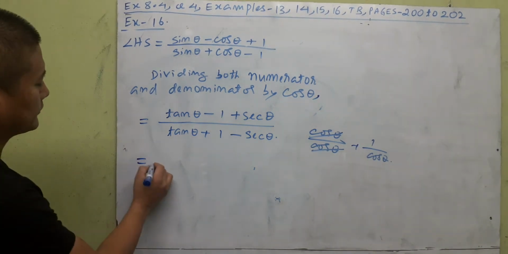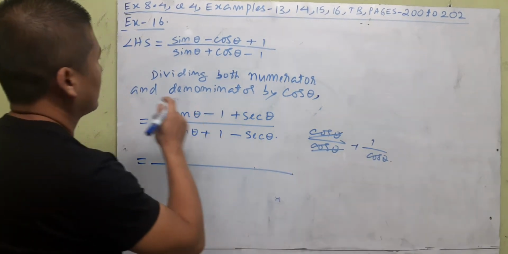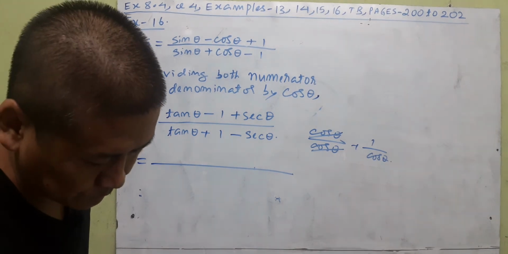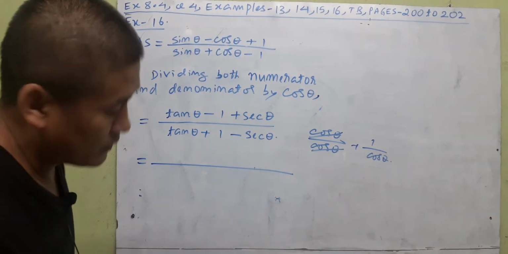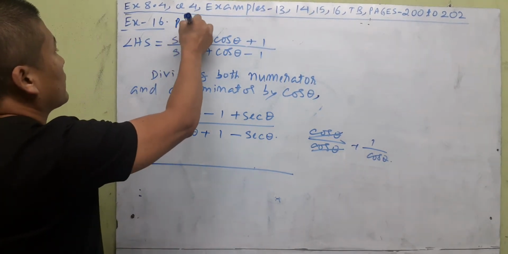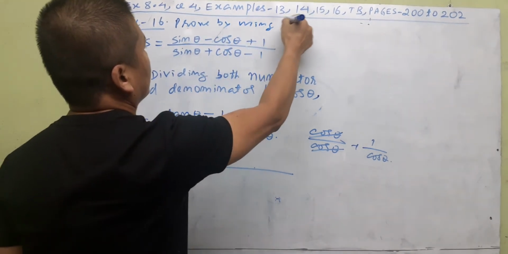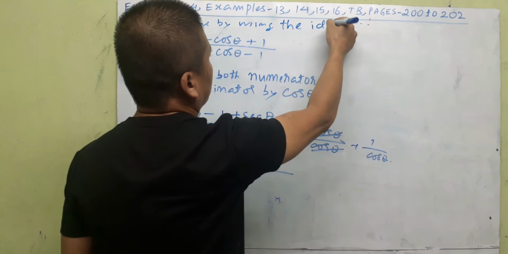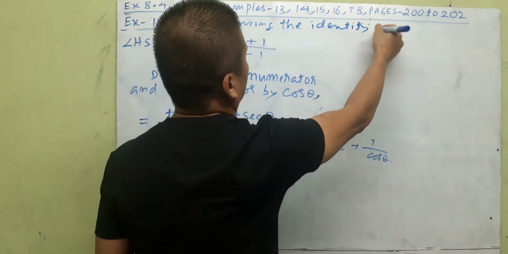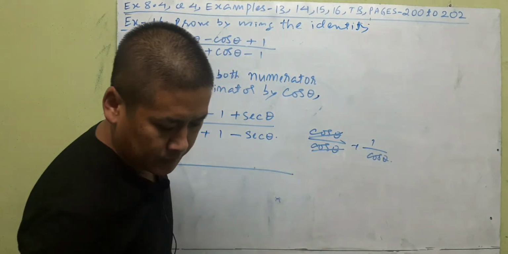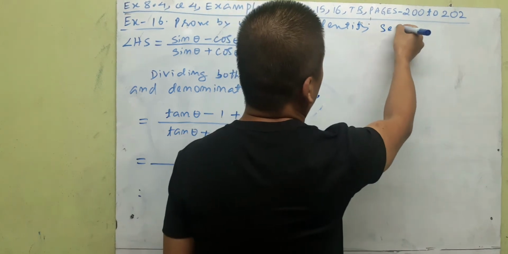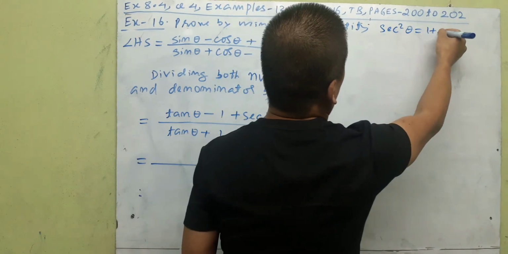Now let us do this. They are saying prove this one using the identity, means the formula. We have to use this identity, sec squared theta equal to 1 plus tan squared theta.